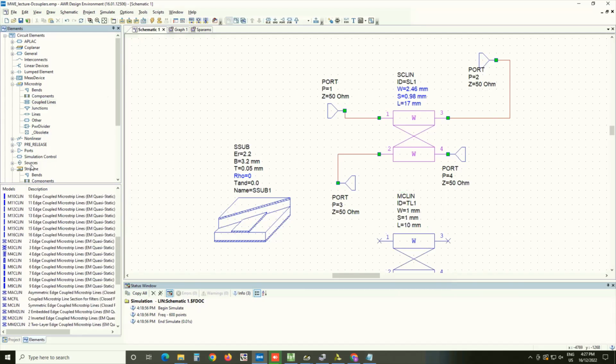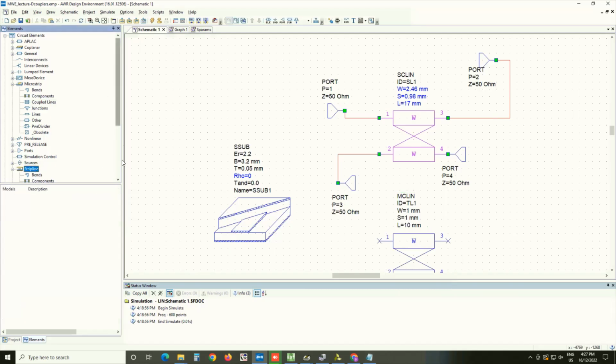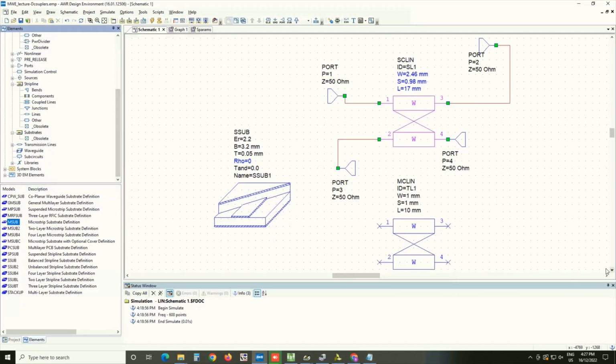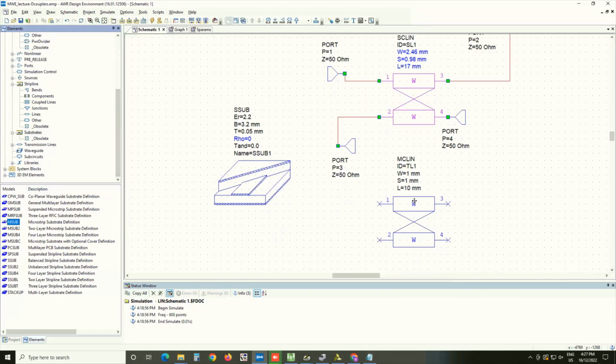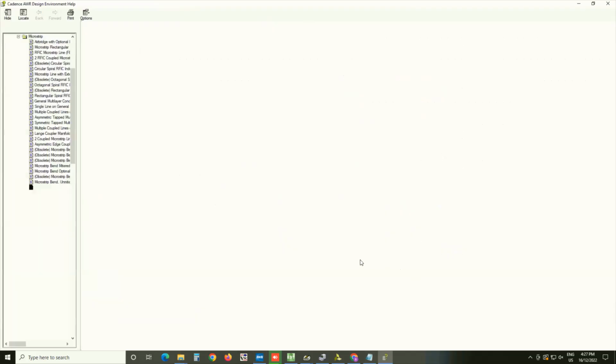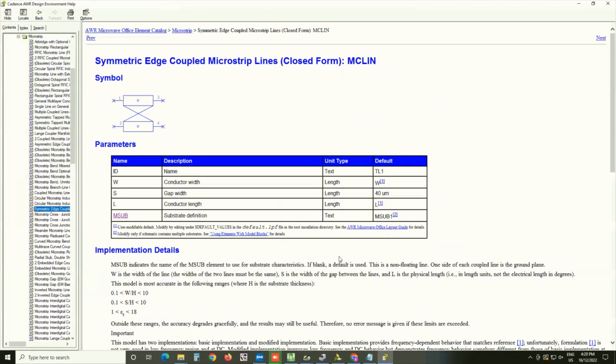Okay, and I also need to find the corresponding substrate for that, and that would be M sub. Let me just make sure it's actually M sub and not something else.